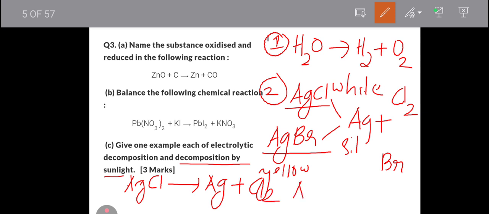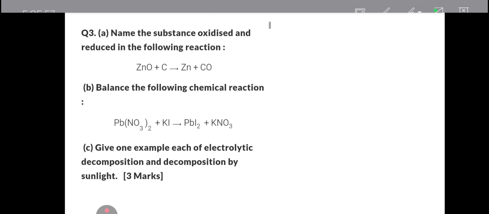When AgBr is kept in sunlight, we will get Ag plus bromine gas. The color change here is that AgCl is white in color and changes to grey, and AgBr is yellow in color and changes to grey. Hope all these three questions are very clear to you. So let's move to the next question.